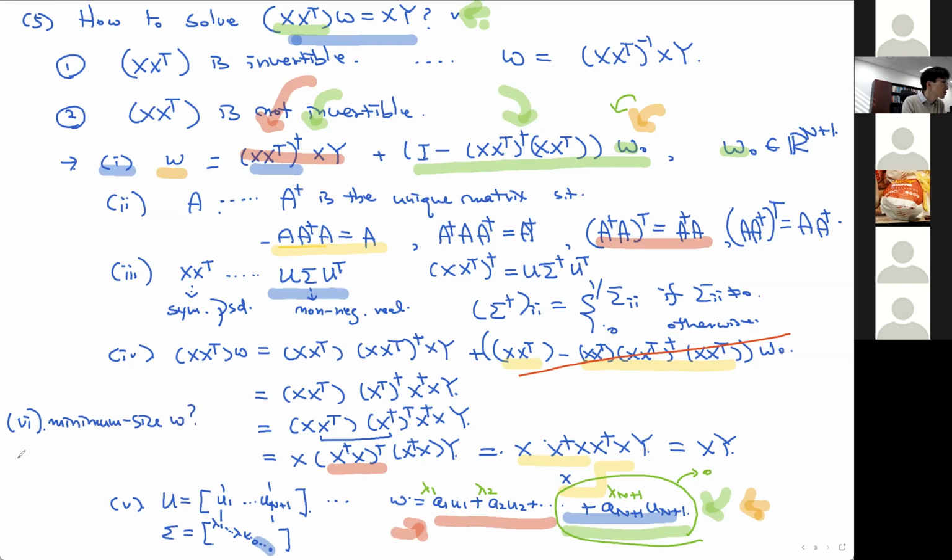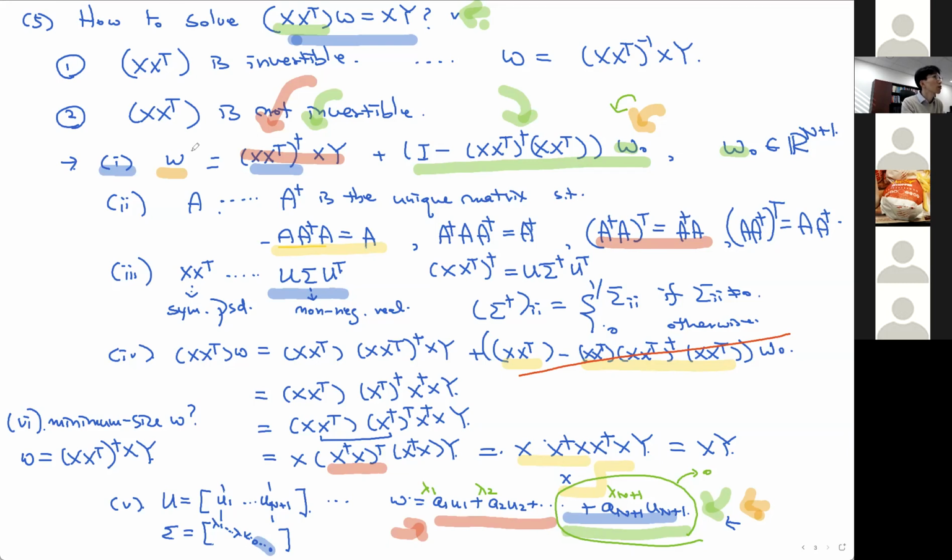The minimum size of W is what Sam said in the beginning, which is just to take the pseudo inverse and take it one. And that has the minimum size. That's because it essentially amounts to saying that for all the extra flexible components, like the green one that I showed you here, we set all those coordinates to be equal to 0.